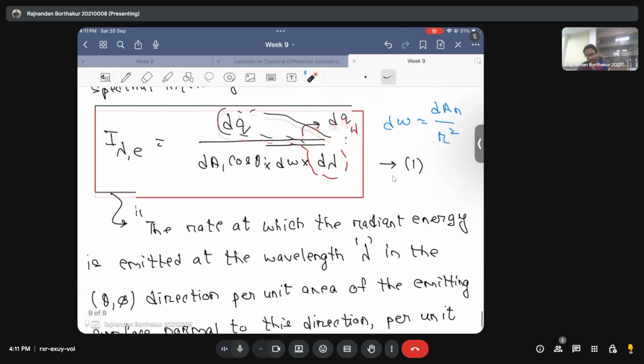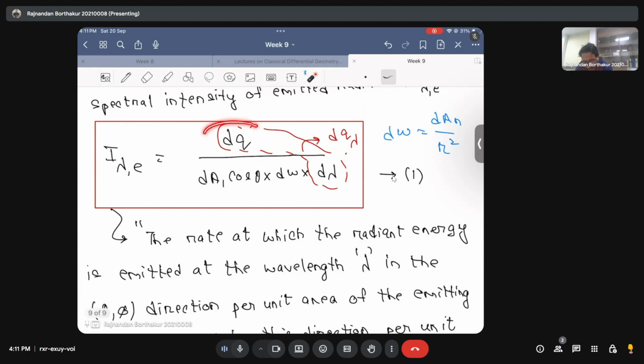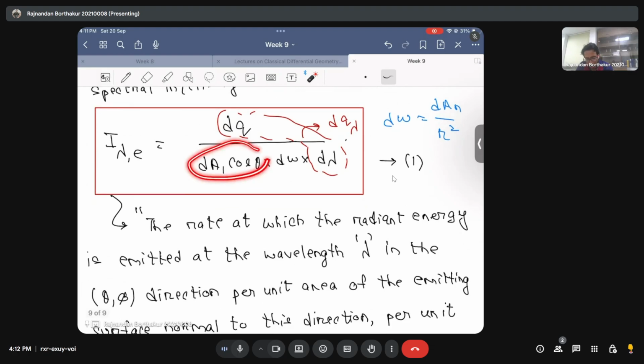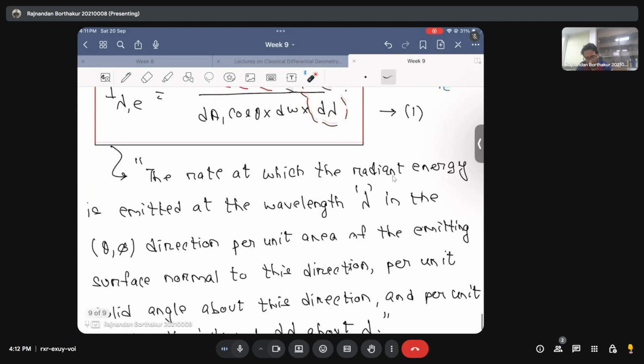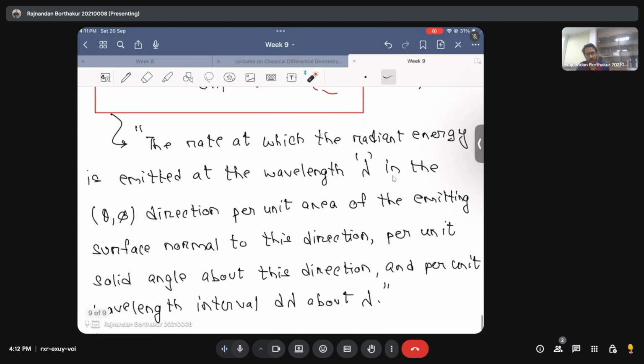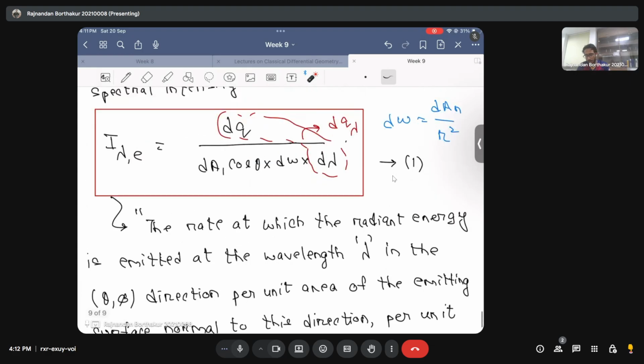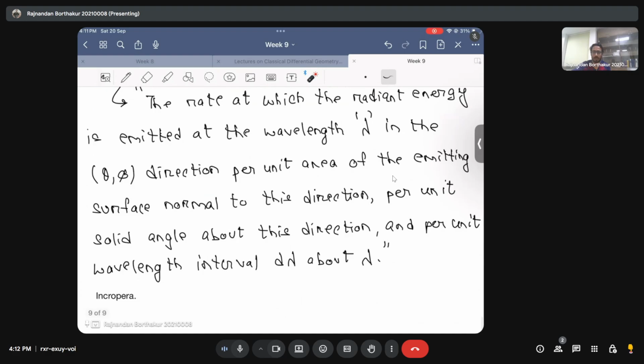It is the radiant energy emitted at a particular wavelength lambda, per unit area normal to the direction we are looking at, per unit solid angle, and per unit wavelength interval d lambda about the wavelength lambda.